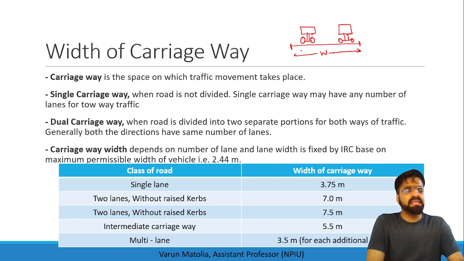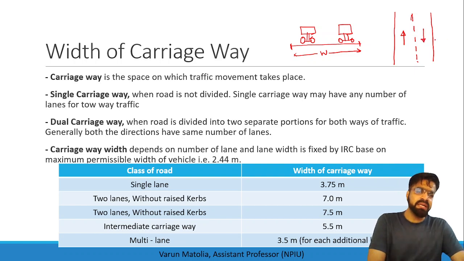Carriageway can be a single carriageway with traffic in both directions. If we have this kind of road which has only road markings, no divider or separation, then one lane will be used for one direction and another lane will be used for another direction.